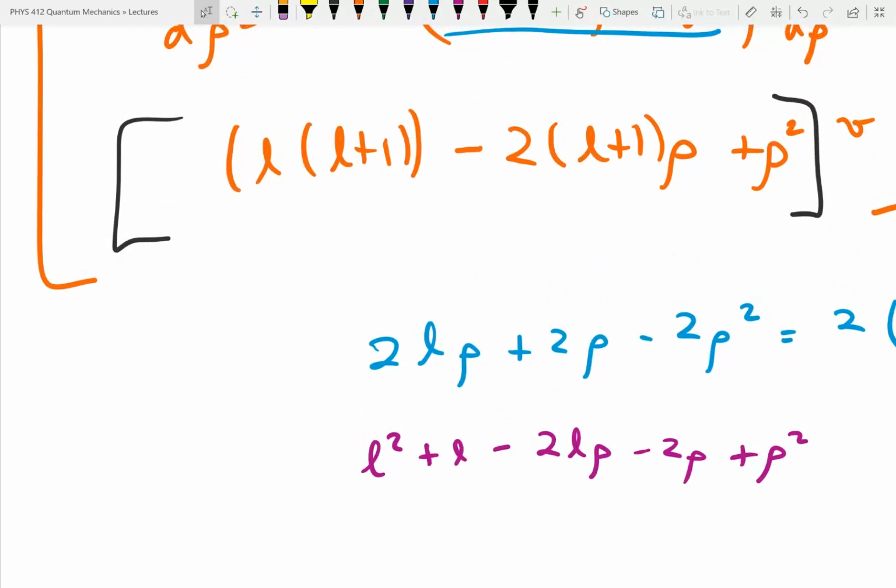They left this as is. And then this they put as 2L minus 2.